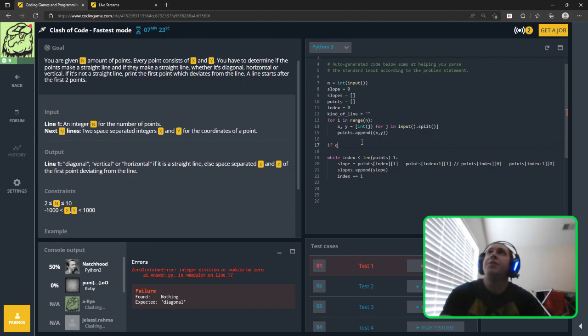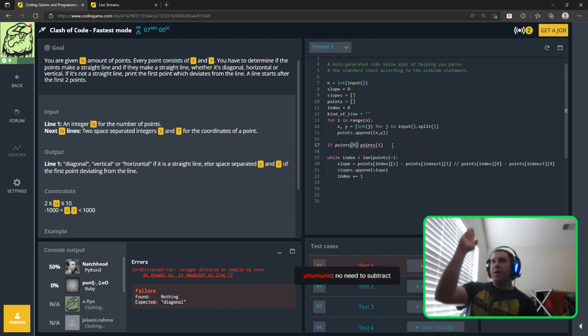If points at 0 and points comma 1, and we're looking at what condition should we do first. I'm thinking vertical because I want to make sure we protect against that, because that's a defense against 0.